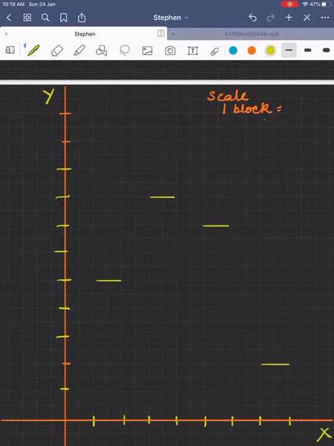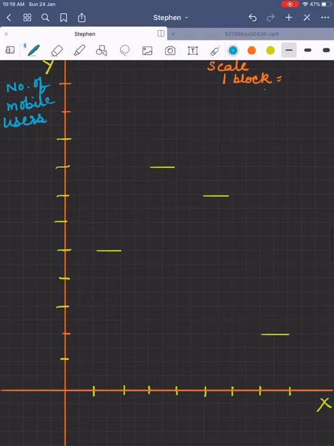Now we take the number of mobile phone users along y-axis. So we write here number of mobile users. And along x-axis we take age group. So we write here age group in years. Now we choose appropriate scale on y-axis.